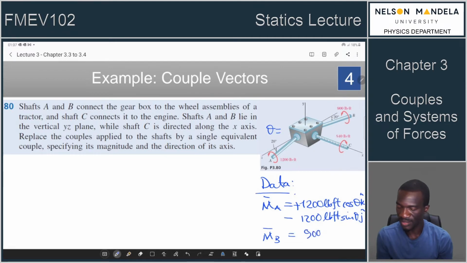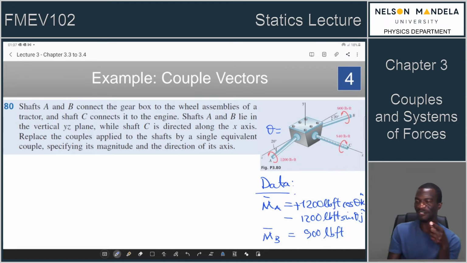So you use your 900 foot-pounds. Let's just write that correctly. Foot pounds. So if we have that 900, let's look at it at point B. If you look at it at point B, its component in the z-axis will be having a rotational direction in the clockwise.